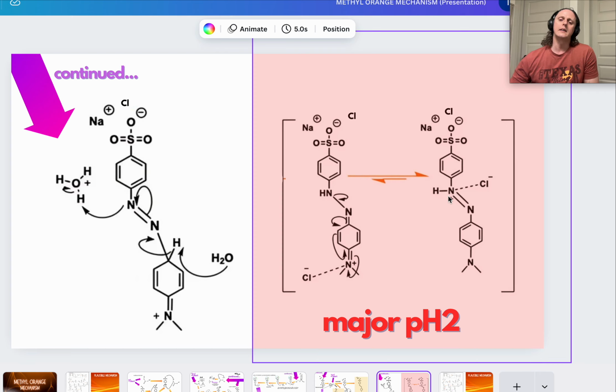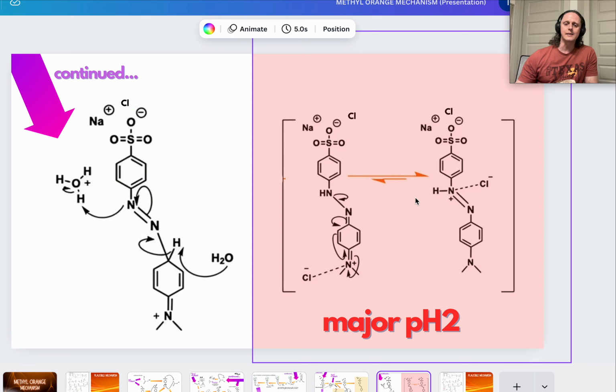And we've got protonated a nitrogen that's got an extra electron pair to make the pi bond back, to restore the pi bond so that the diazonium ion can be restored the way it likes it to be. And we restore aromaticity in the same way. So this chlorine that was busy stabilizing the dimethyl aniline can now move up and stabilize there.